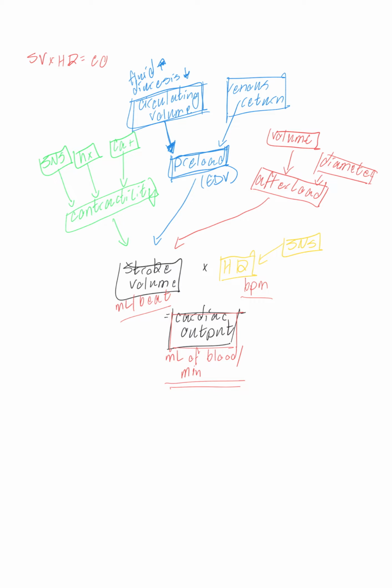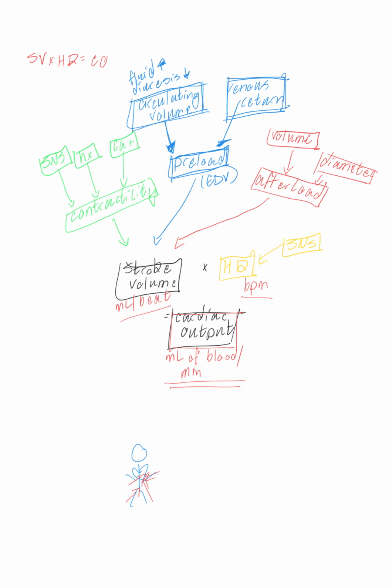The other thing that affects preload is venous return. This is how much blood is actually able to get from the peripheries, so there's the body, there's the heart, back to the left ventricle. And there's different things that affect that.